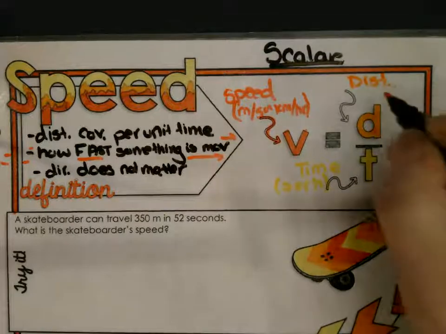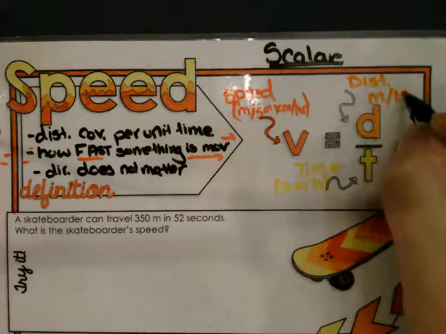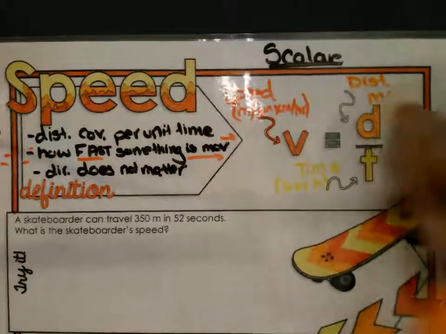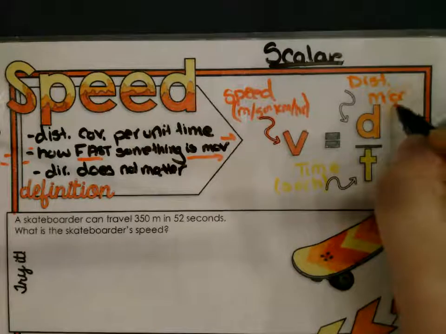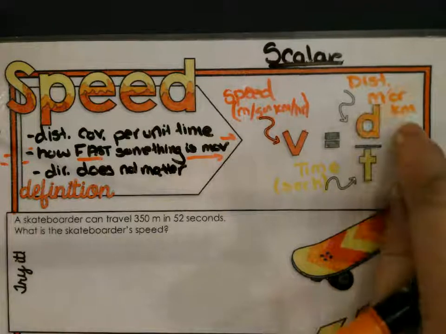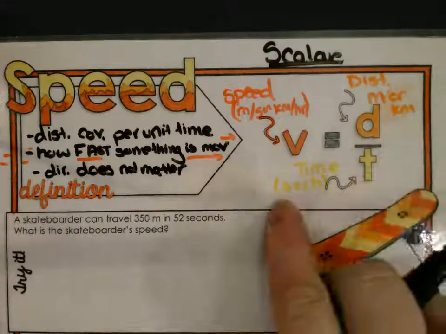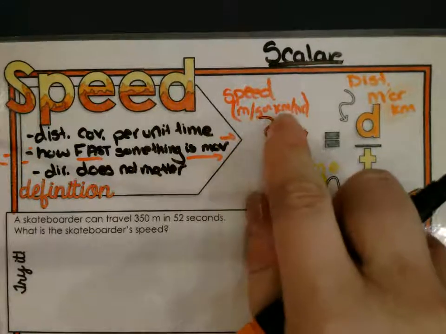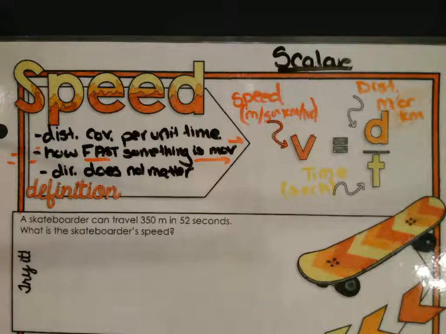And our distance is going to be given to us in meters or kilometers. You can tell that if we have meters or kilometers on top, we have seconds or hours on bottom. That's how we're getting these meters per second or kilometers per hour measurements.